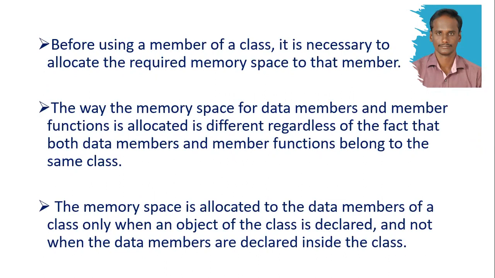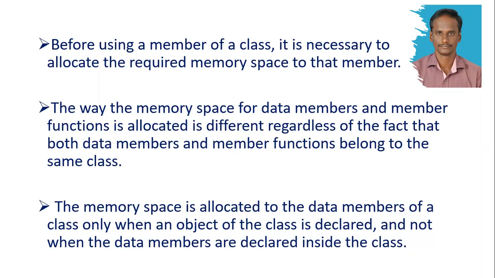The memory space for data members and member functions is allocated in different ways, regardless of the fact that both data members and member functions belong to the same class. It means that before using a member of the class, you should allocate memory.